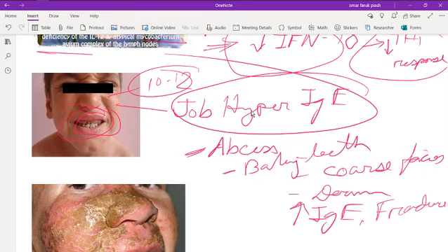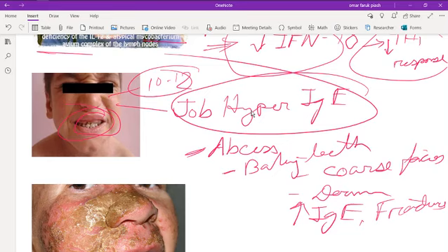There is fracture after minor trauma, and in Job syndrome, there is deficiency of T helper 17 cells due to STAT3 mutation. So neutrophil recruitment to the site of infection is impaired. That's why there is decreased neutrophil, and that's why there is increased eosinophil and increased IgE.